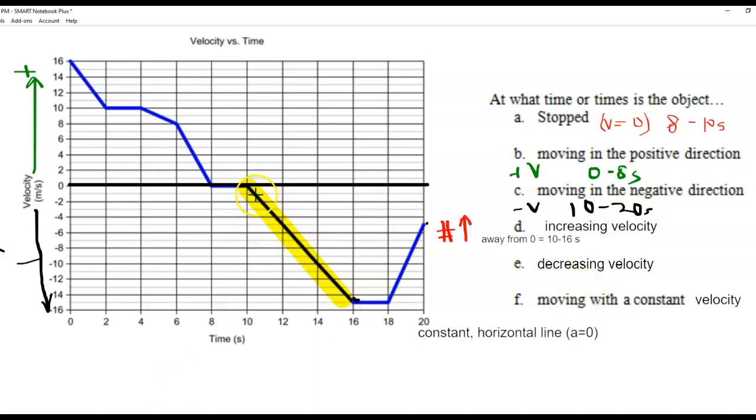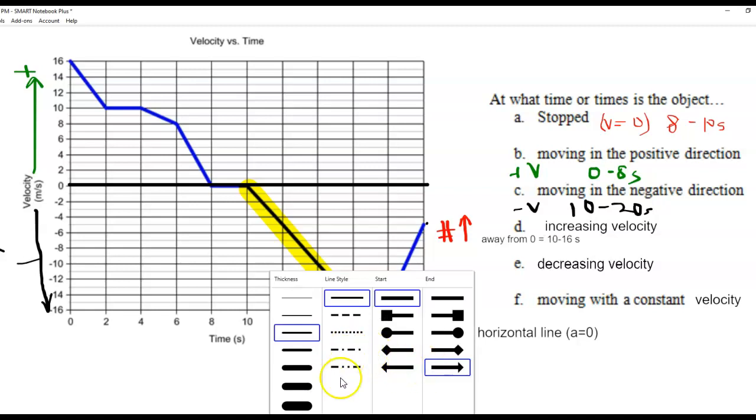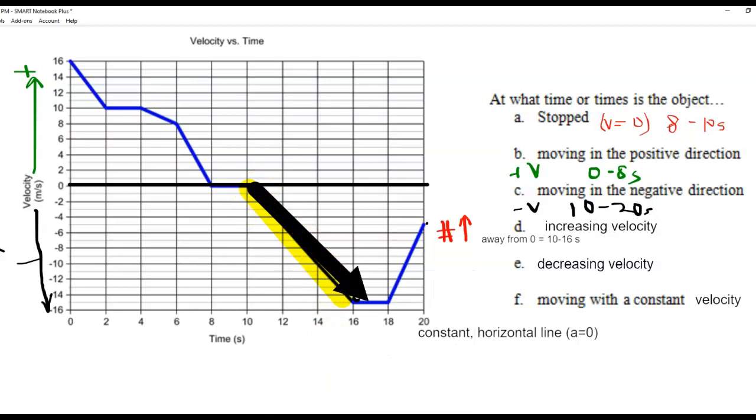And again, just to reiterate this, you can see that it goes that way, going away from the 0. Decreasing velocity would be the exact opposite, so that would be moving towards 0. Going back to increasing, the number values start at 0, and then 2, 4, 6, 8, 10, so that's getting bigger.